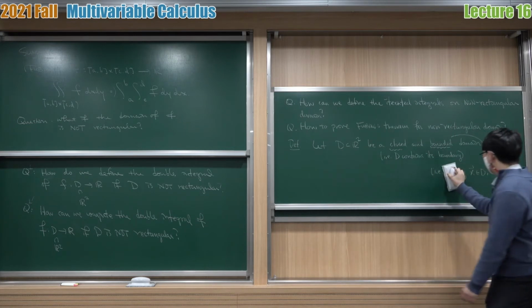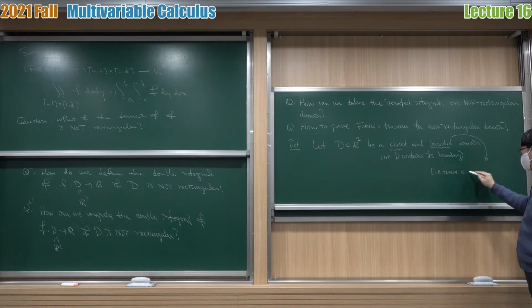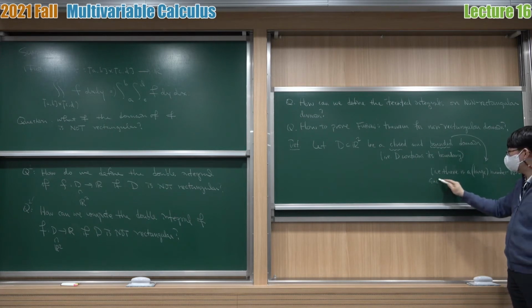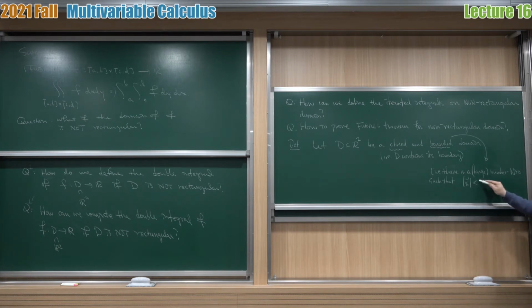There is a large positive number n, it doesn't have to be large but at least large is sufficient, such that the size of this vector is always less than n for all points in D. If you think about a point in D as a vector from the origin to that point, then the length of that vector is always bounded above by some number n.